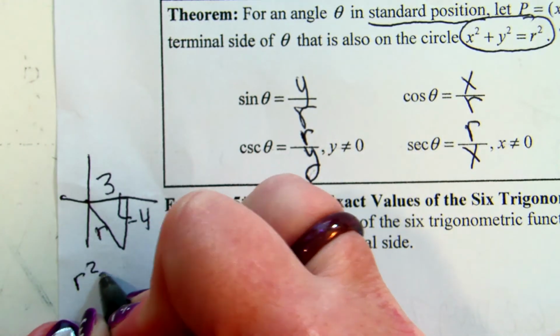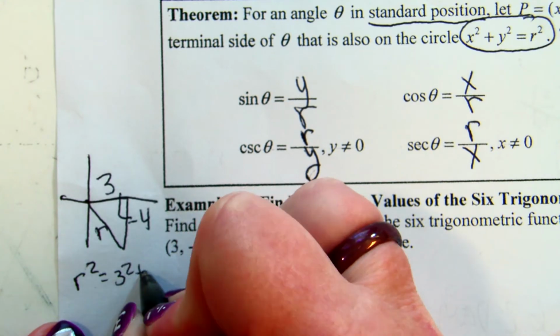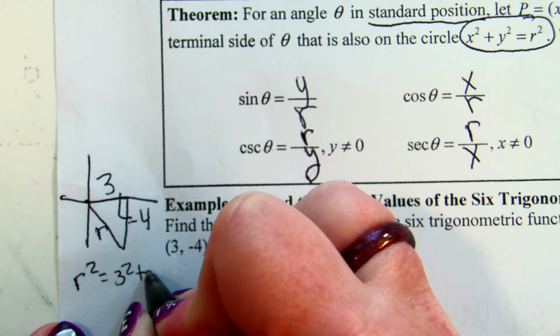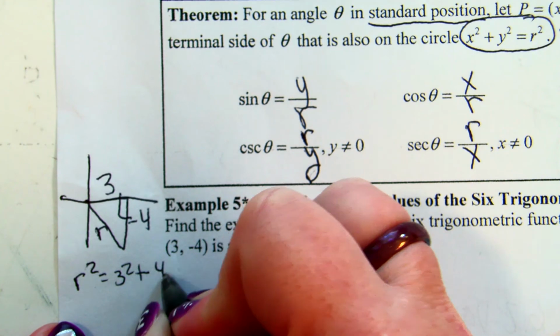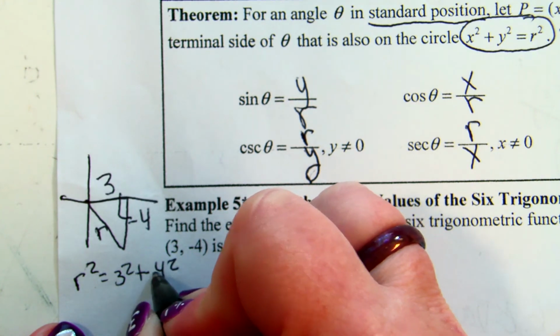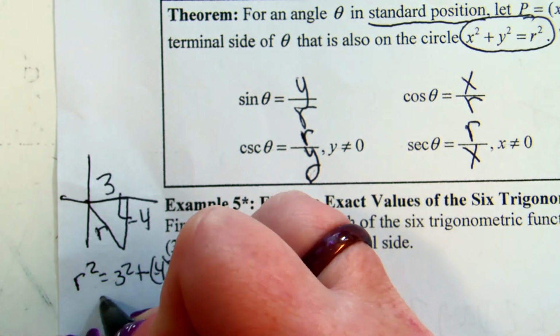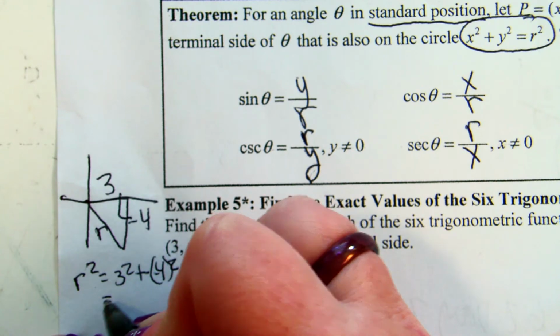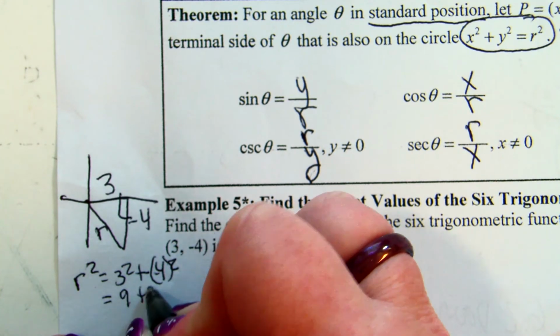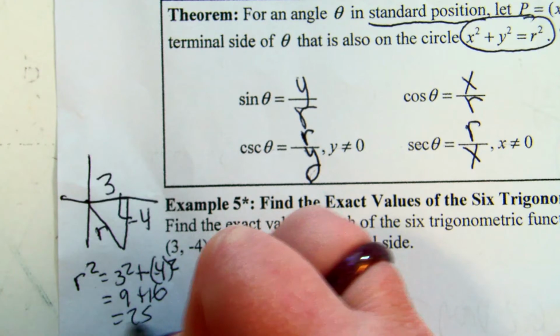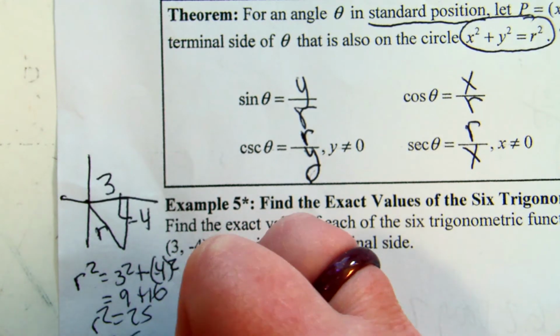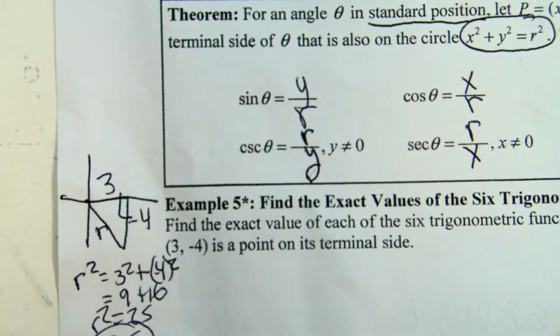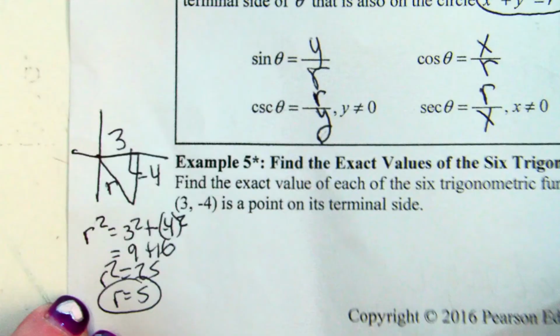R squared equals 3 squared plus -4 squared. Or you can use the distance formula. Anyways, 9 plus 16, 25 is r squared. R is 5. The radius of the circle is always positive.